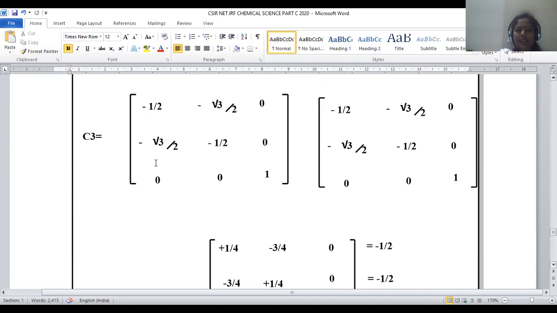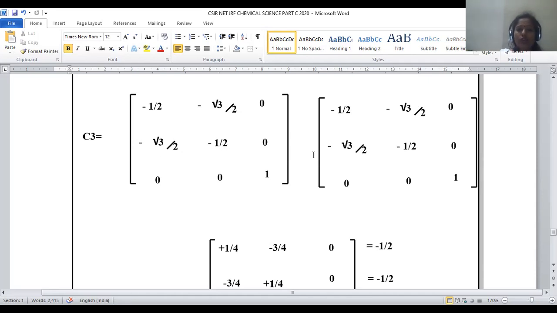When we take this table, here C3 and here sigma H will be given. So how can we multiply? Let us see. Minus 1 by 2 gets multiplied. Minus into minus will be converted into positive. 1 by 2 when multiplied becomes 1 by 4. Right? Now, minus under root 3 by 2 times minus under root 3 by 2.